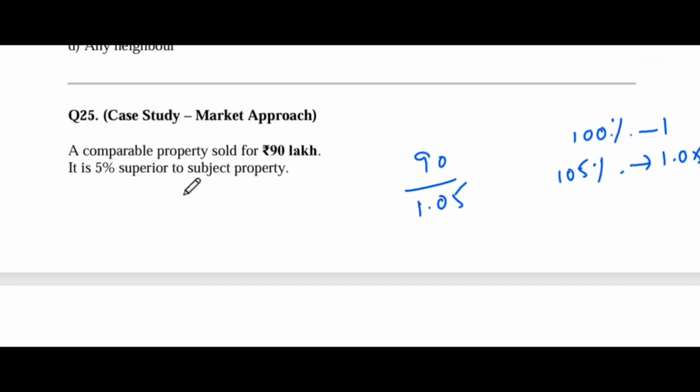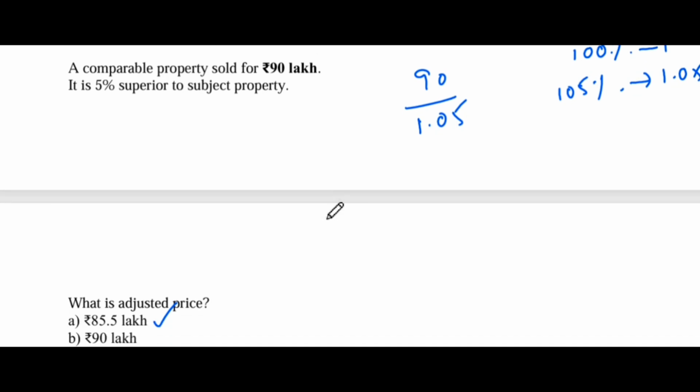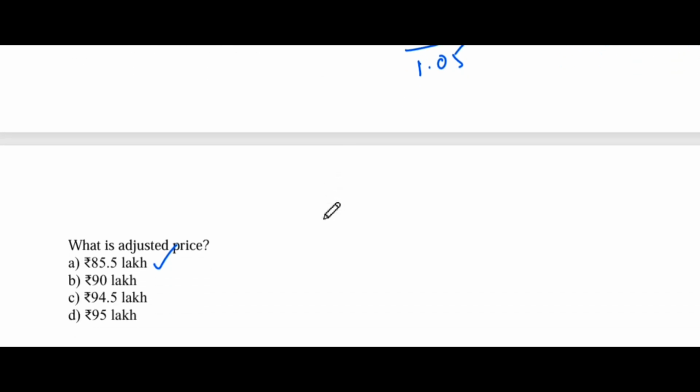Okay, understand the question. The comparable property is sold for 90 lakhs. It is superior to the subject property, because the property which you are dealing with right now, which you are interested to calculate the value of, is inferior to the comparable property. How much? 5% inferior, not superior. The comparable property is superior to the property which you are asked to calculate the present value for.